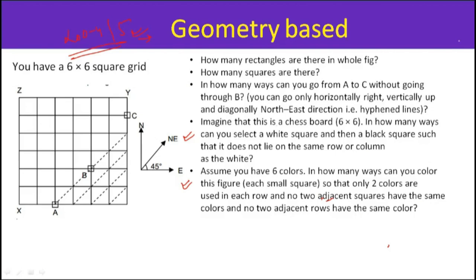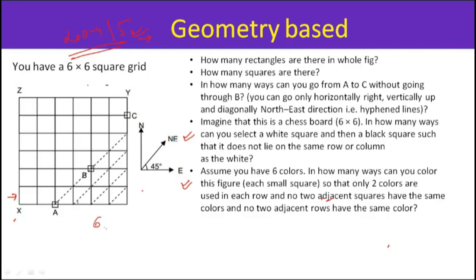Just start doing it. So for example, start with this row. Let's say there are these 6 rows, right? So you have 6 colors and you need 2 colors in every row. You want 2 colors for this row. In how many ways can you choose 2 colors?